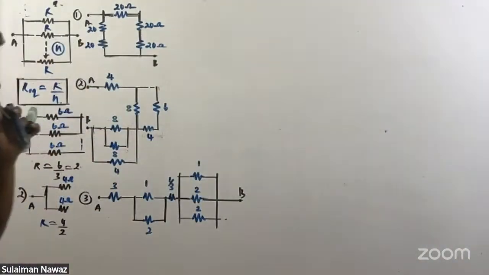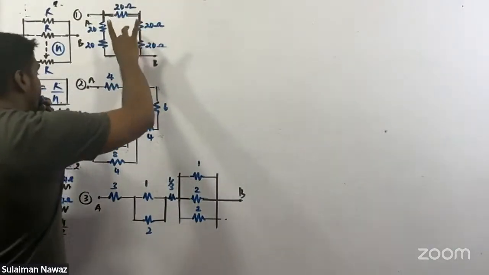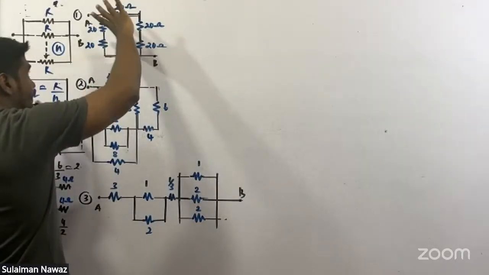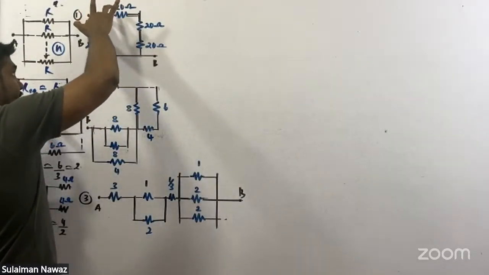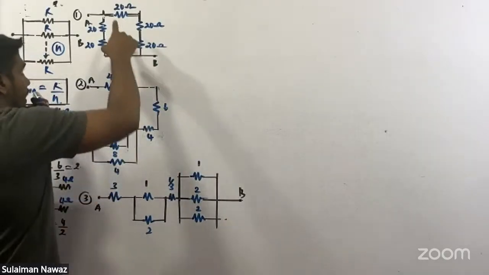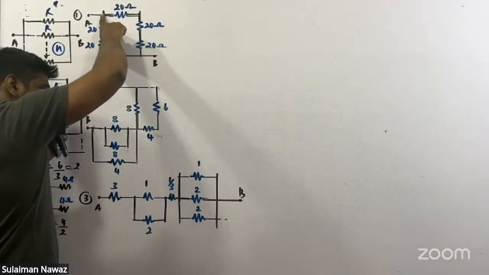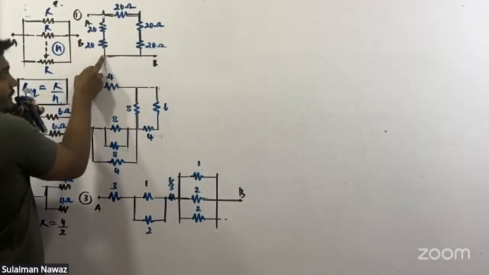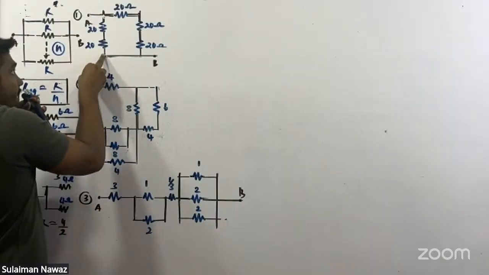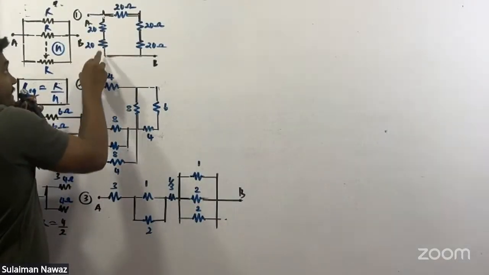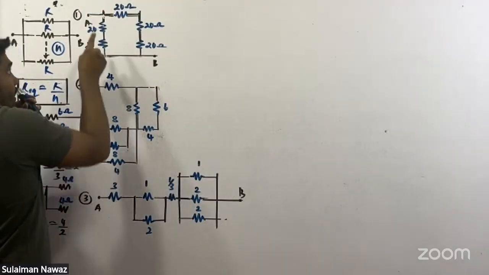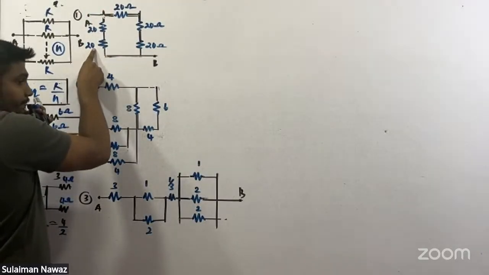Now you want to find the equivalent resistance between points A and B, right? You can select any 2 points. Now I select these 2 points. If we select these 2 points, these two resistors are in series.